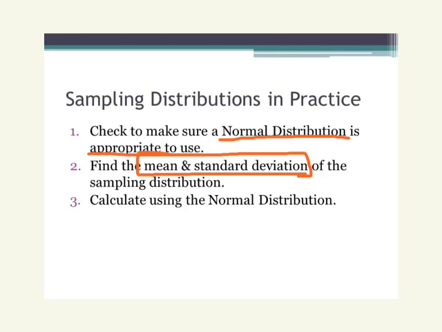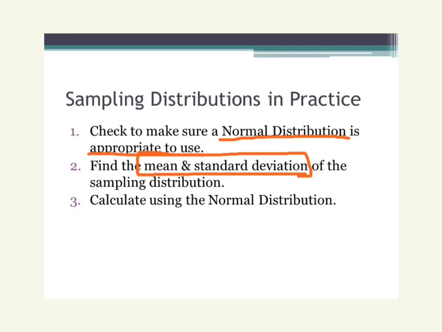So if we're going to use the normal distribution, then we need to find the mean and standard deviation of that normal distribution. And those are going to come from the mean and standard deviation of the sampling distribution. And then finally, our last step is to actually do our calculations using that normal distribution. And this should be the step that we are very comfortable with. We've calculated with the normal distribution many times in this class.